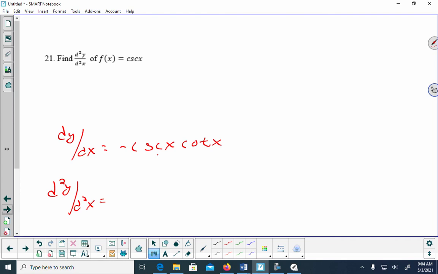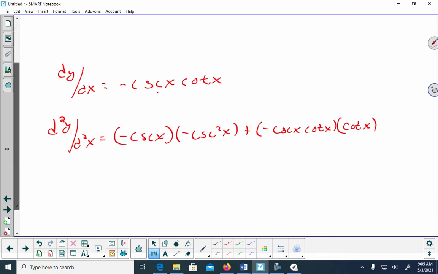So in order to do this, I am going to leave the cosecant alone, with the negative sign, taking the derivative of cotangent, which is going to be negative cosecant squared x, then plus taking the derivative of this negative cosecant, so that's going to be negative cosecant x cotangent x, and leaving the cotangent alone.